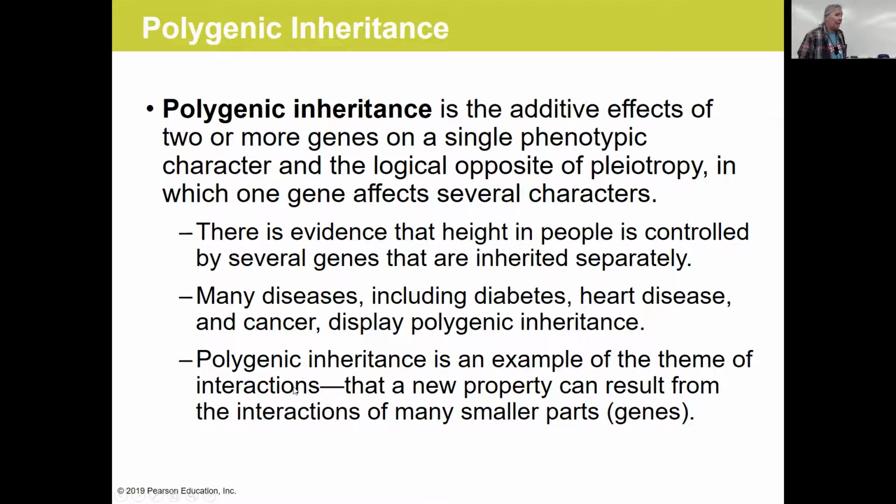All right, polygenic inheritance. Exactly the opposite of pleiotropy. Additive effect of two or more genes in a single phenotype. So here, one trait is controlled by more than one gene. Pleiotropy was one gene controlling more than one trait. Polygenic inheritance is one trait controlled by more than one gene, usually many genes.